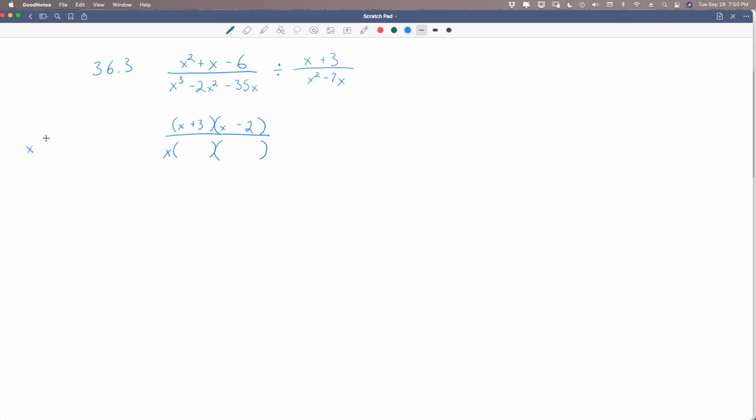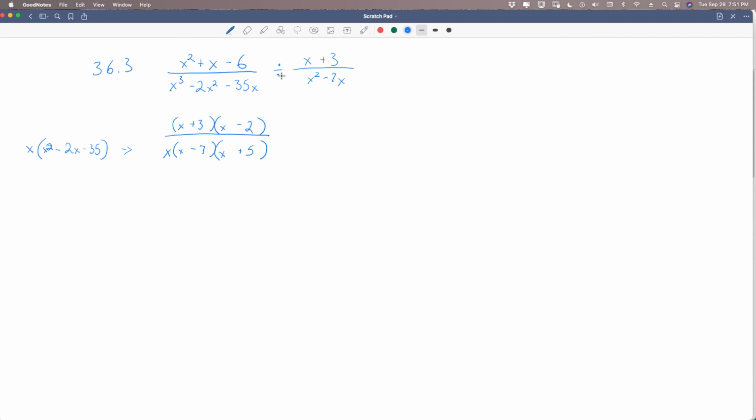We take x out, and that's going to leave x squared minus 2x minus 35. So you see where I'm going with that? And then we just put the x there. So that's x and that's x. And now negative 35 with a negative 2 remaining means that the 7 has to be negative and the 5 is going to be positive. Okay?